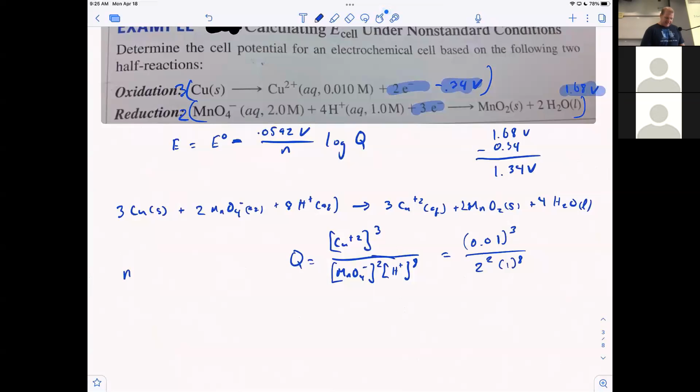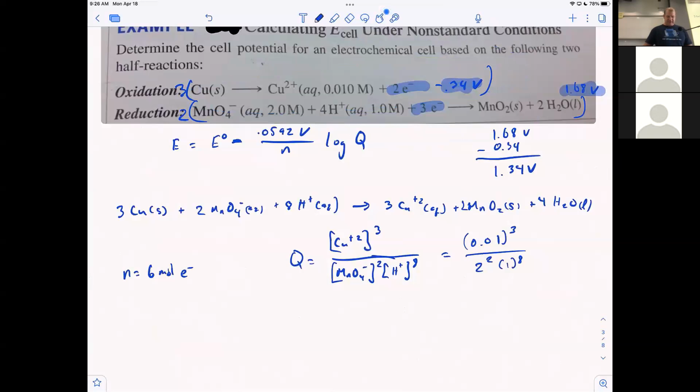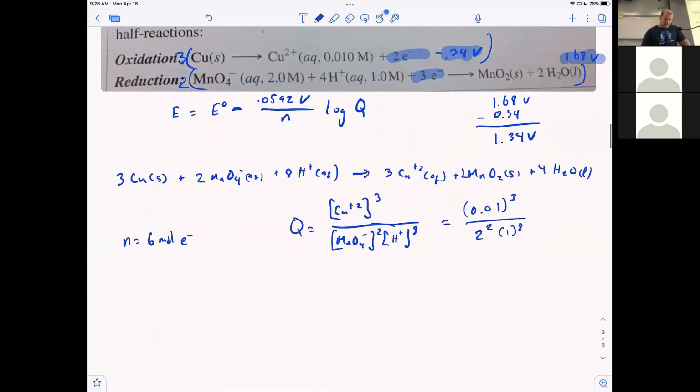N equals, not 3, N equals 6 moles of electrons because of these half reactions. The copper generates 2 electrons, the permanganate consumes 3 electrons, and the lowest common denominator of 2 and 3 is 6. So we have a total of 6 moles of electrons transferred in this reaction.